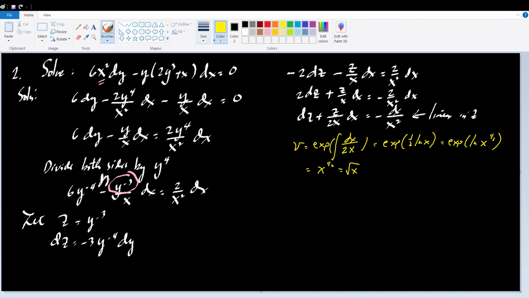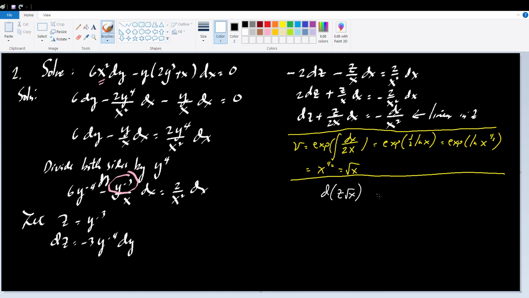So that being the integrating factor, we know that the left side will become the exact differential of z square root of x.